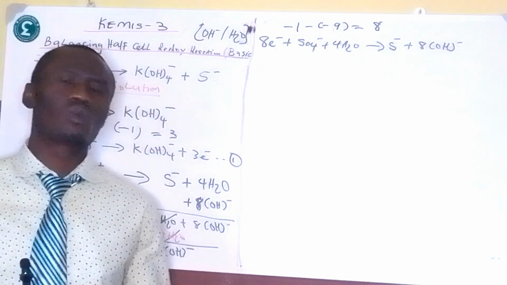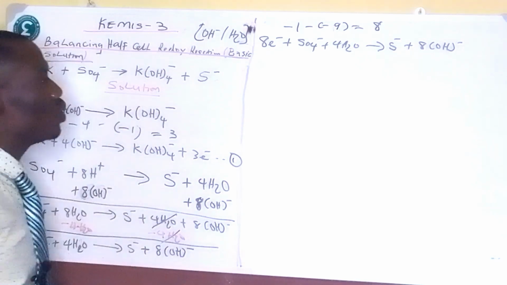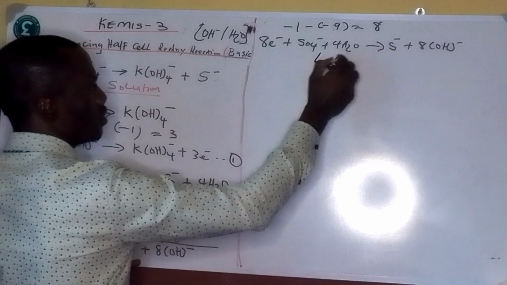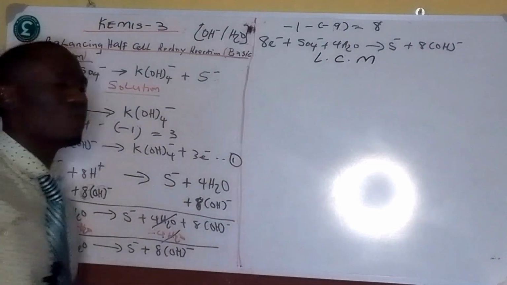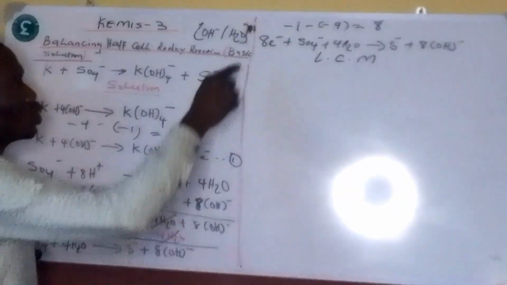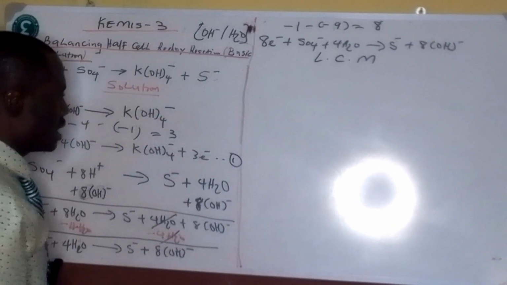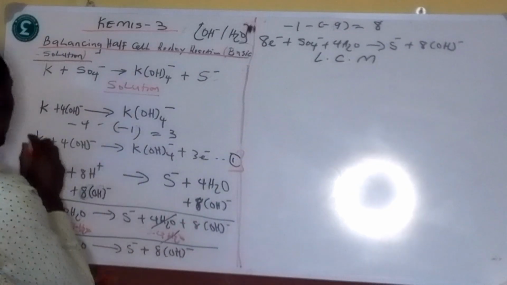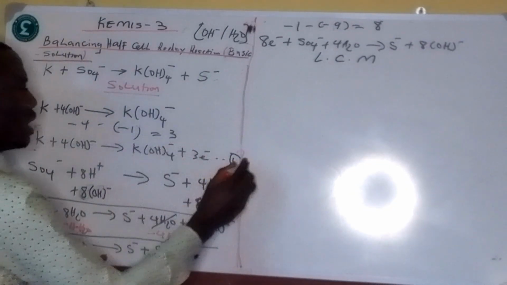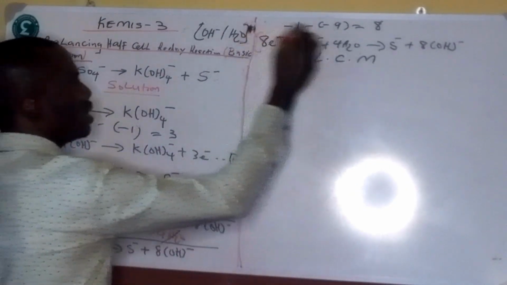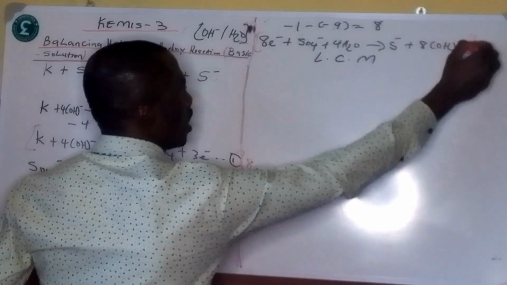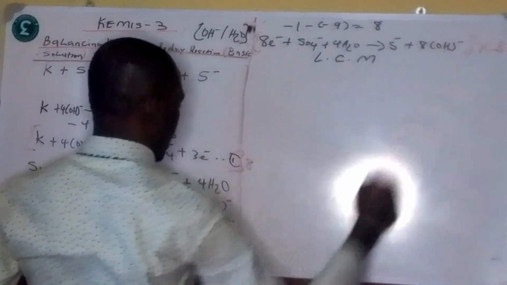The next thing is to equalize the equation. How do we equalize the equation? We do it by finding the LCM between 8 and 3. To find the LCM between 8 and 3, I'm going to multiply equation 1 by 8 and multiply equation 2 by 3.